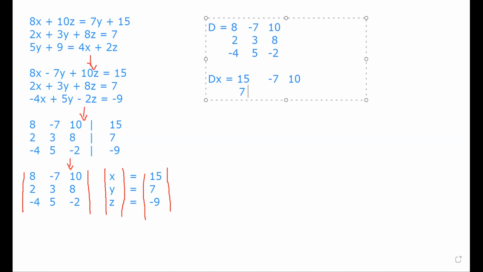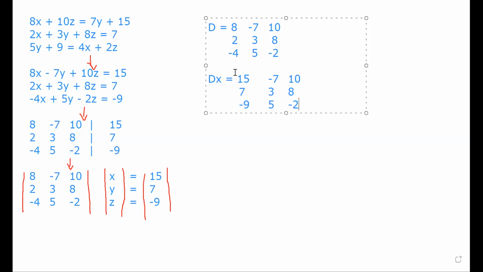Again 7, 3, 8. Minus 9, 5, minus 2. Now tell me, are you clear about matrix dx?